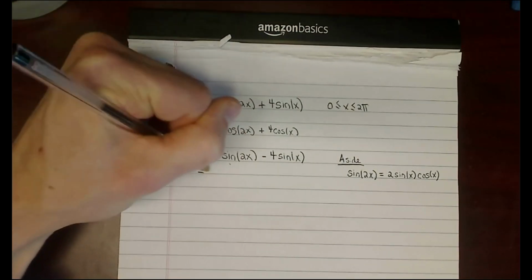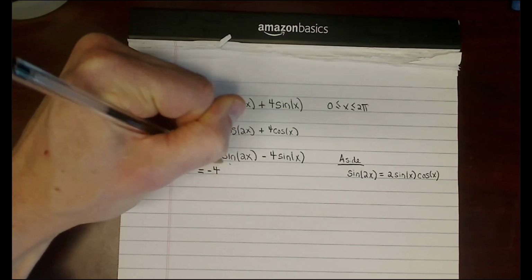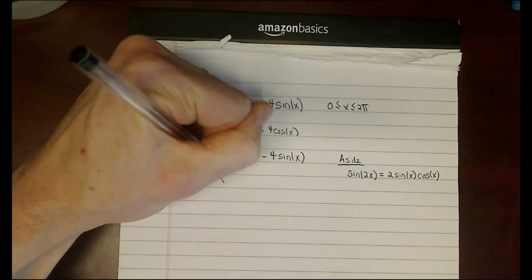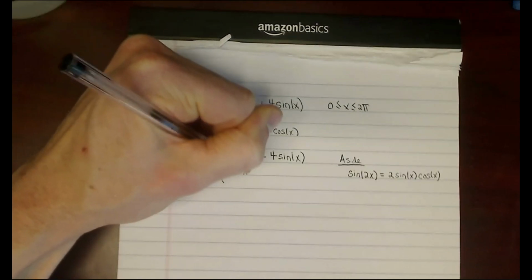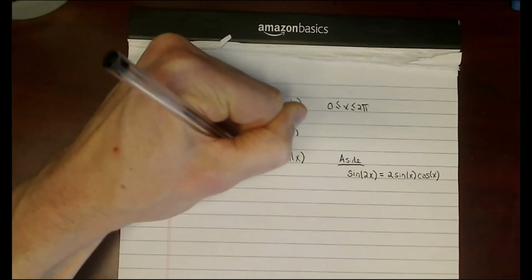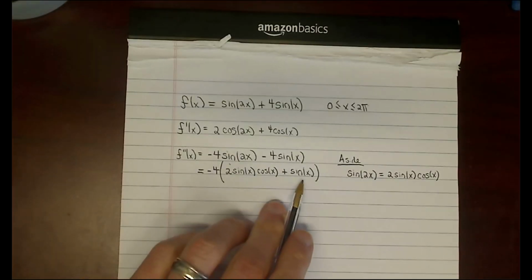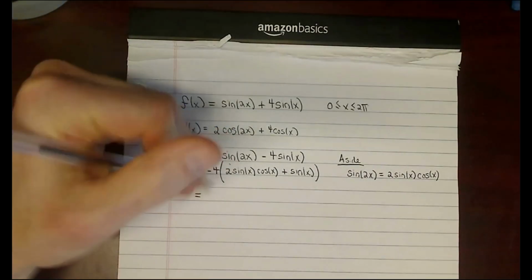So I'm first going to factor out the minus 4, and then plug in that trig identity for sine 2x: 2 sine x cosine x. Then we have plus sine x. What's nice about this is that there's a sine x factor that we can now factor out as well.